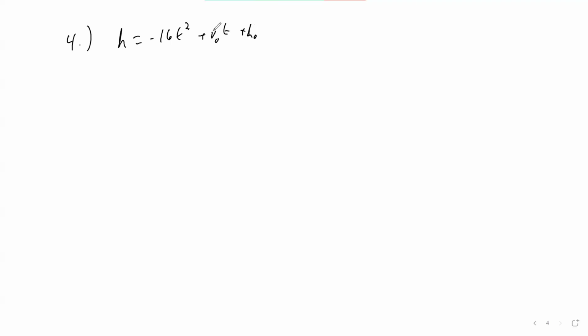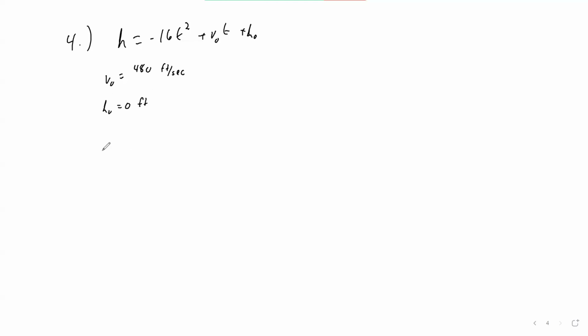So that's your initial velocity. That means your V naught is 480 feet per second. And then it said, when will the bullet hit the ground? And it says from the ground level. So that means that my H naught would be 0 feet.